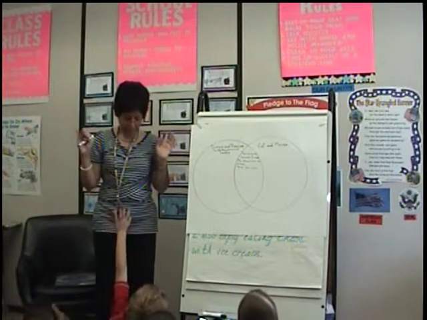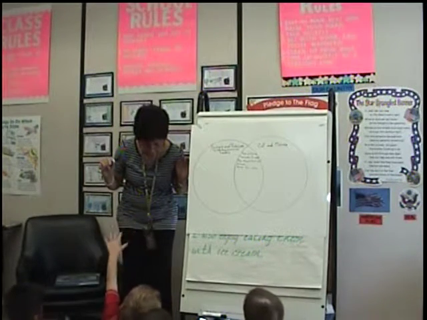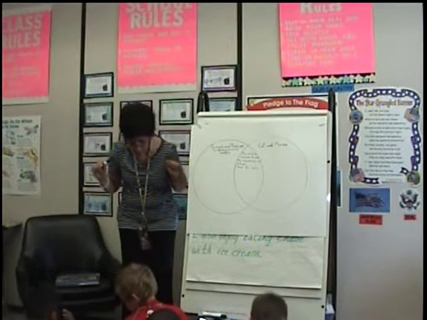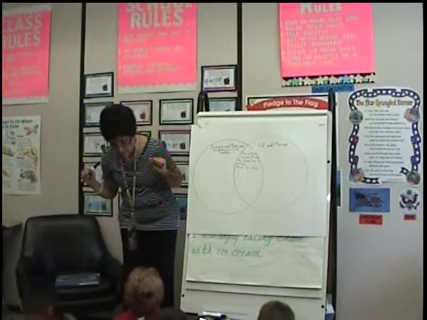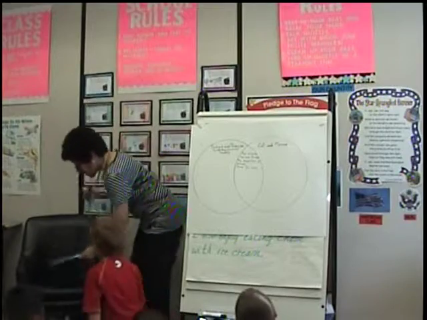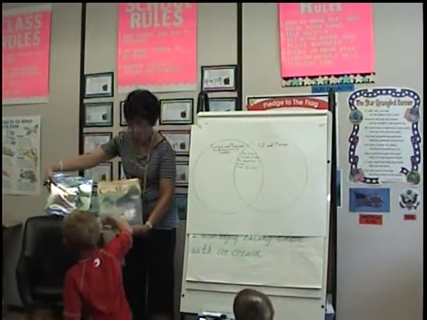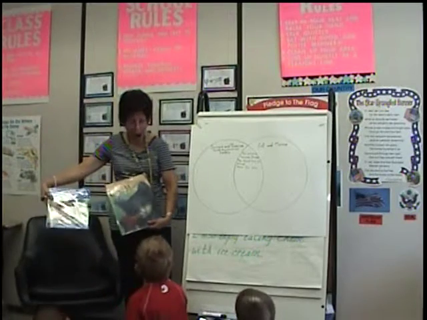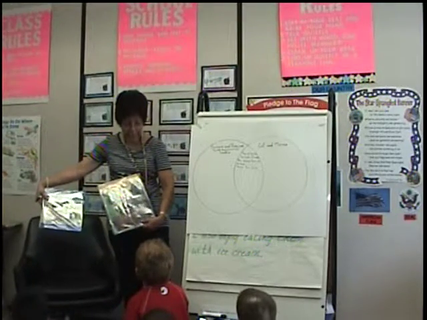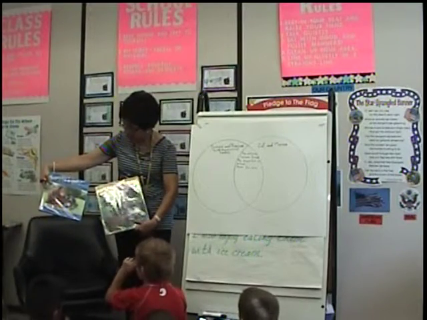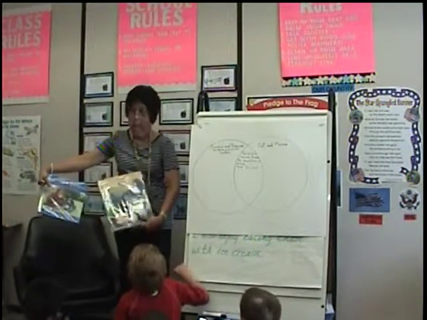Anything else? Dobby? All the animals in the book are the same colors. Do you think so? Yeah, I'll show you. Ah, that is so correct. We were thinking that just the cat and Roscoe were black.